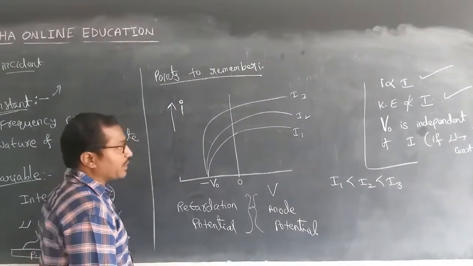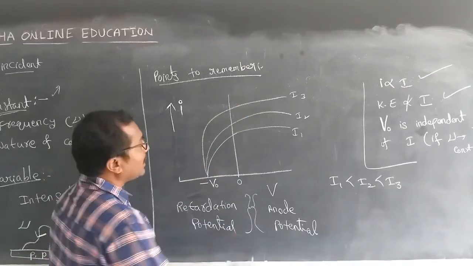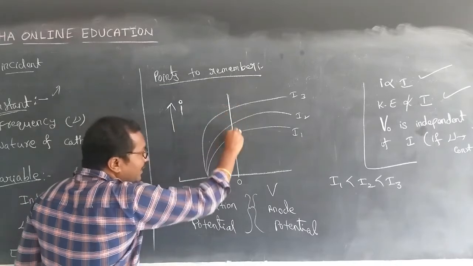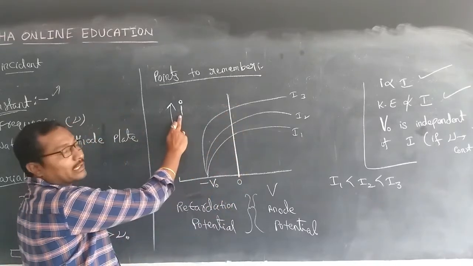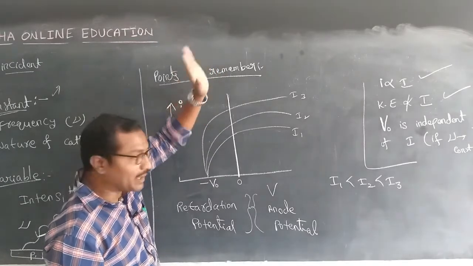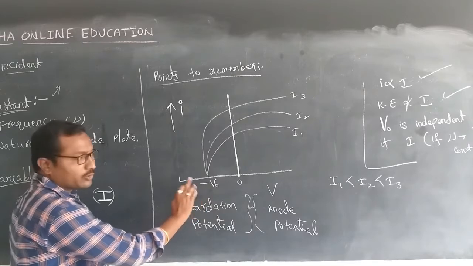Then what are we going to get? The intensity is changing. As the intensity changes, on the y-axis we are taking the current value, so the current is also going to change. But in all these cases, the stopping potential value does not change.